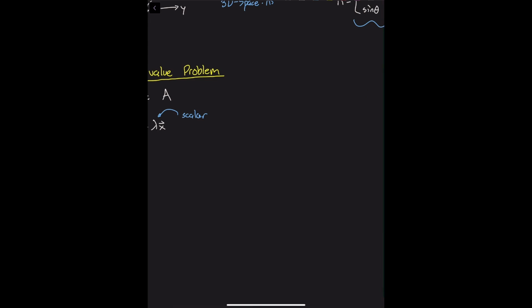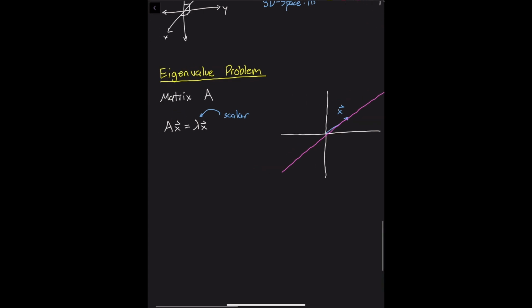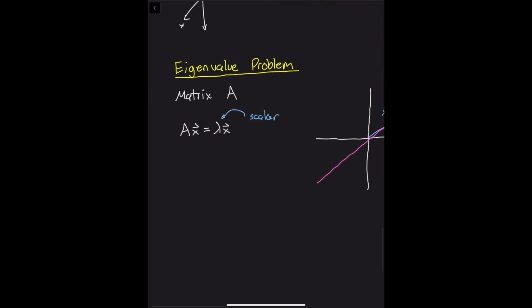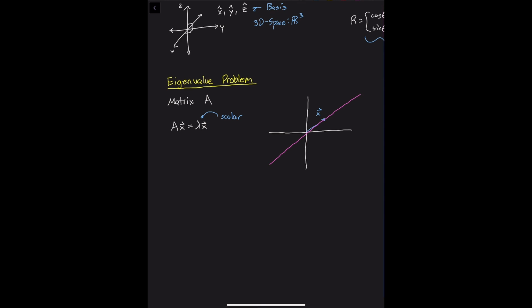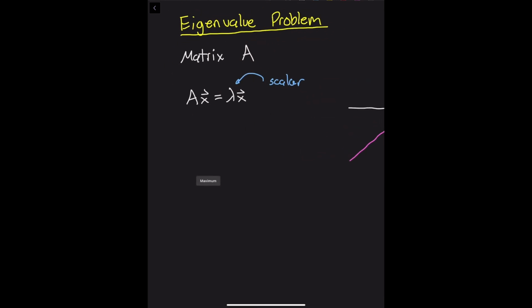And visually this means, if we have our 2D vector space here, and this is our x, then after the operation A is applied to it, it's going to reside somewhere along this line. So that is basically what this is doing, which means that it's not shifting around at all, and that's important for calculation reasons.